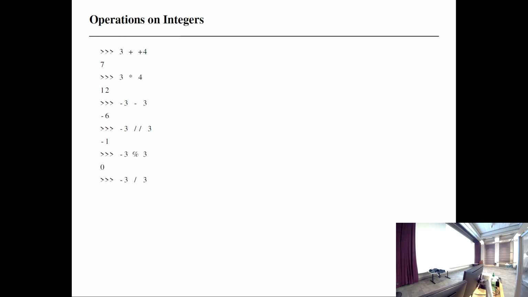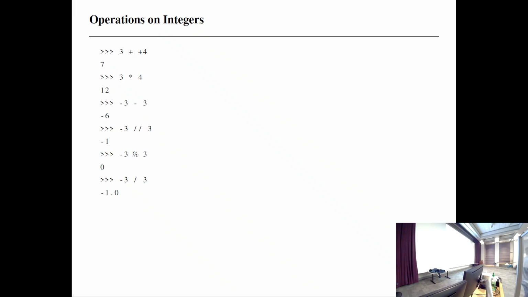Minus 3 divided by 3 now, this division is a single slash. That is not integer division. It's a different type of division that in this case gives me the same number, but you'll notice that it added a decimal 0. This number is not an integer. This division is a floating point division operation. It does decimal division the way you would expect it to be done.